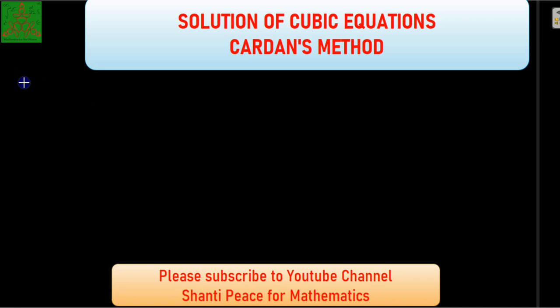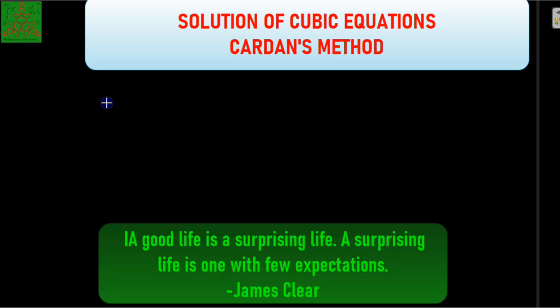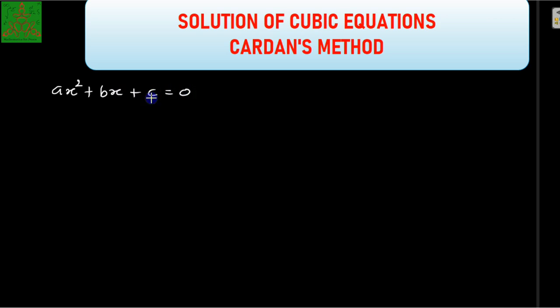Shanti-Peace for Mathematics. In this video, we are talking about Cardan's method to solve a cubic polynomial. As we know, if you are given a quadratic polynomial ax square plus bx plus c equal to 0, then to solve this quadratic equation we have a formula: minus b plus or minus square root of b square minus 4ac, upon 2a.